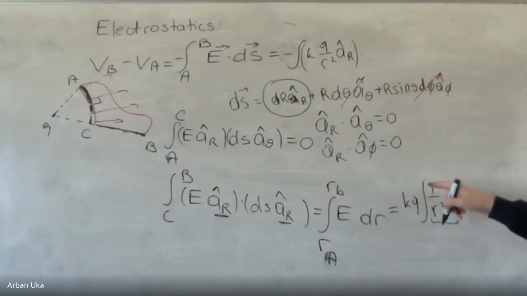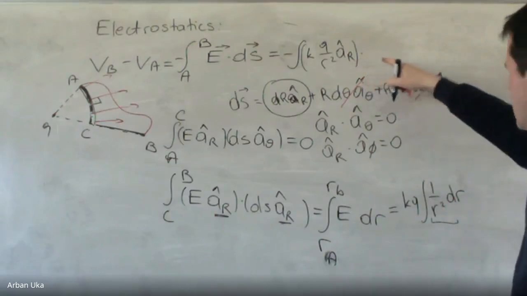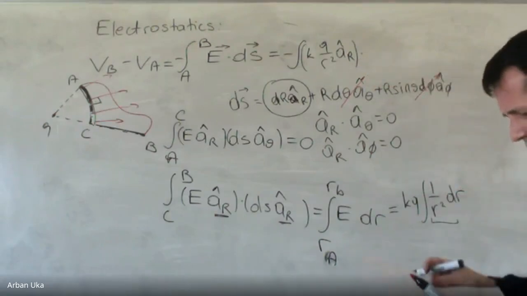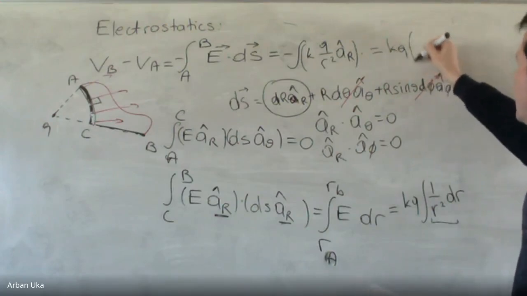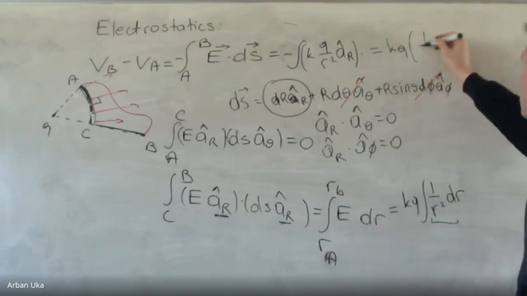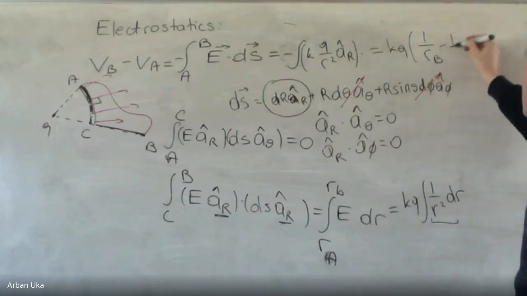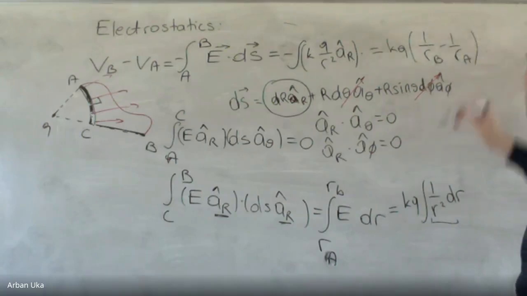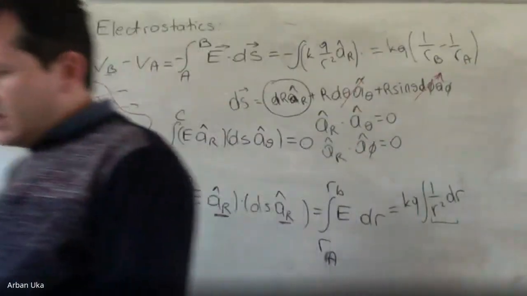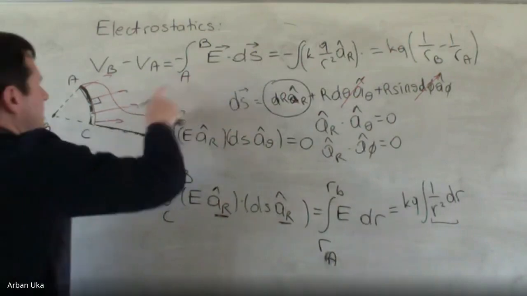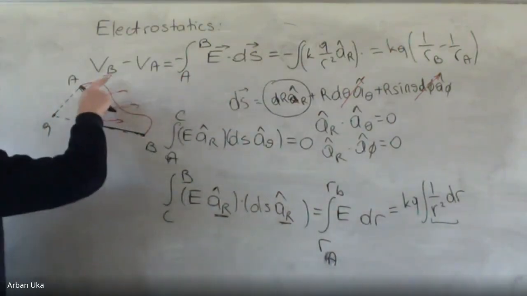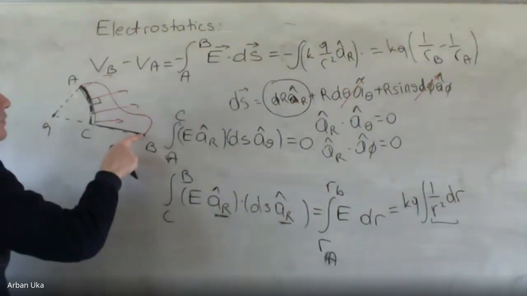So in the end, if you follow all the steps, we're going to get something like kQ times 1 over r_B minus 1 over r_A. So that's something that we can derive for the integral of E dot ds, but at the same time, it's important to know, because this means that what is the potential difference?